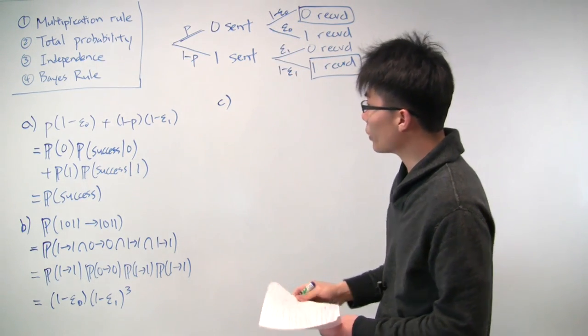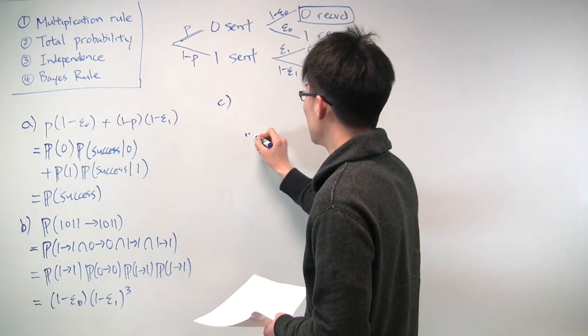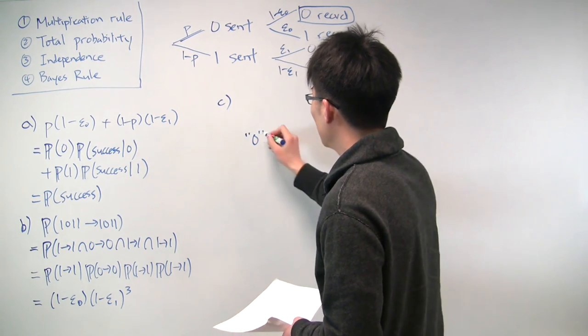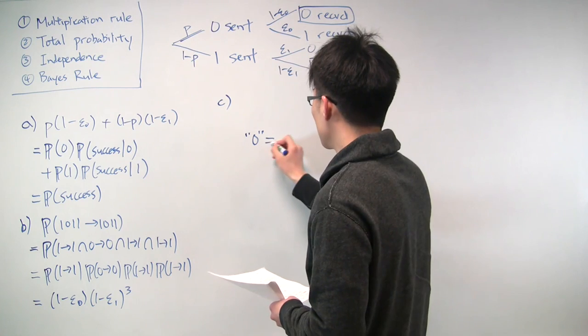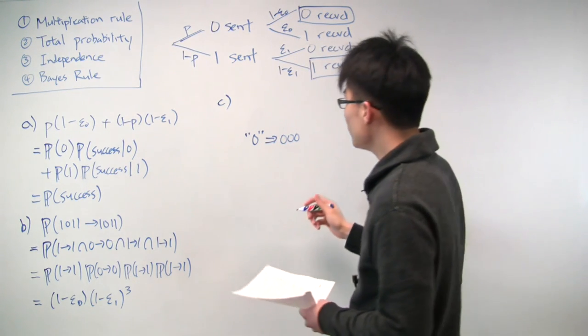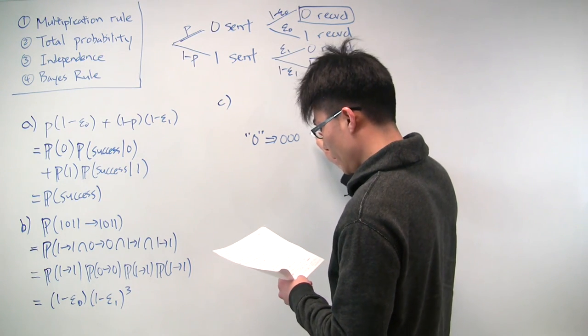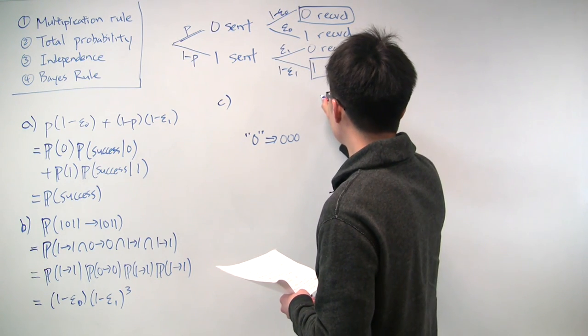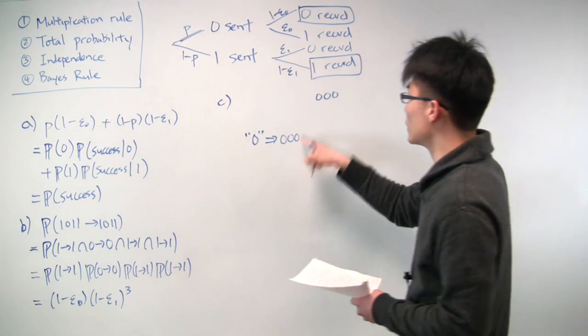Okay, so in particular, when we want to send a 0, which I'll put in quotes here, what we're actually going to send is a sequence of 3 zeros. And each one of these bits is going to go through the same channel.